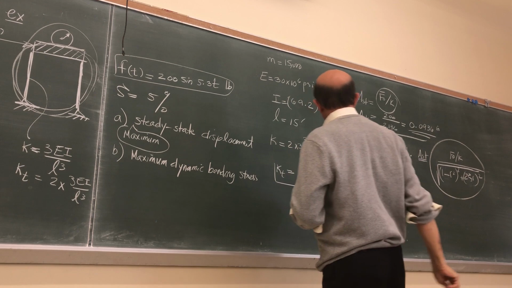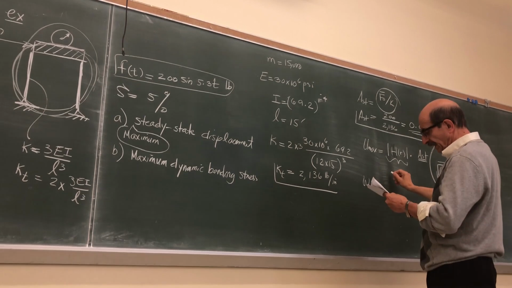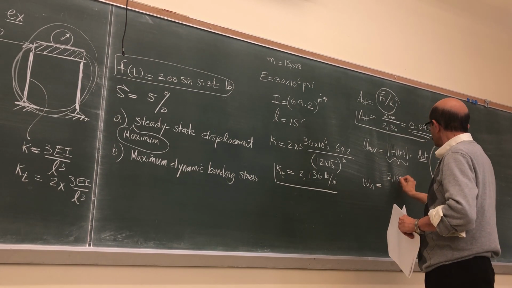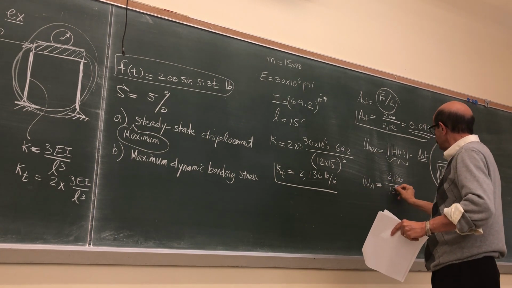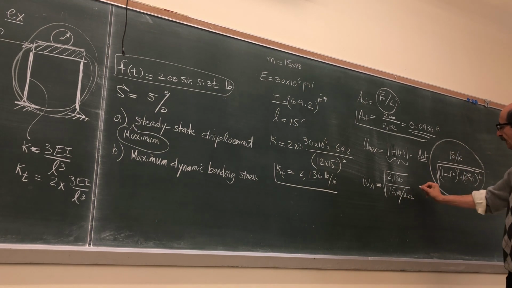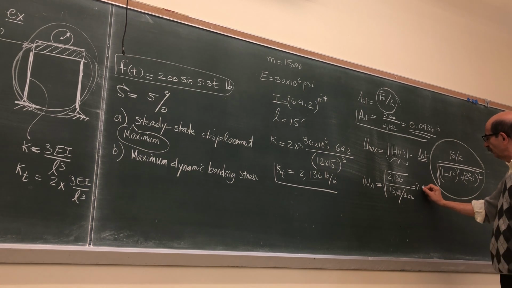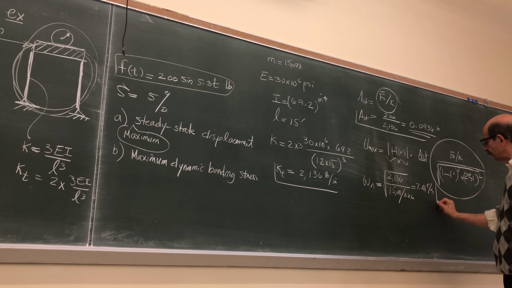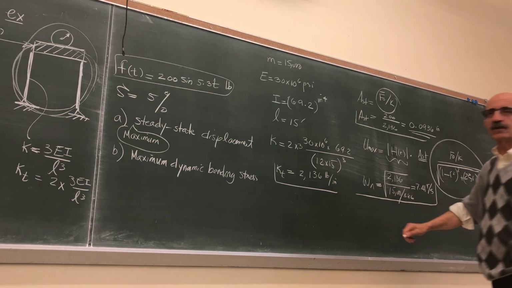The natural frequency would be the square root of K, 2,136, divided by M, 15,000 over 386. Yes? What are the units on the mass? Usually pound mass. That's why we're converting it to slugs.